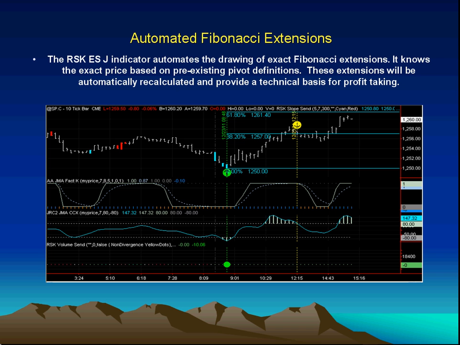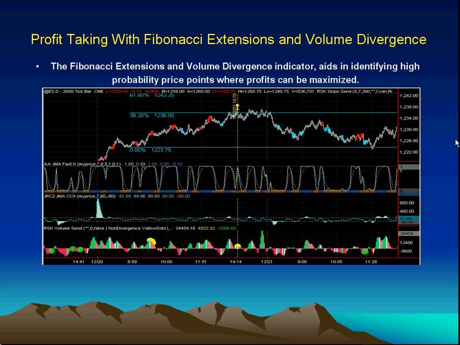Let's look at another example. Here we're going to use, once again, Fibonacci extensions with our volume divergence indicator. Now, in the last subgraph, you see a yellow dot appearing where divergence exists. That divergence being defined as the ES hitting a higher high and volume hitting a lower high.